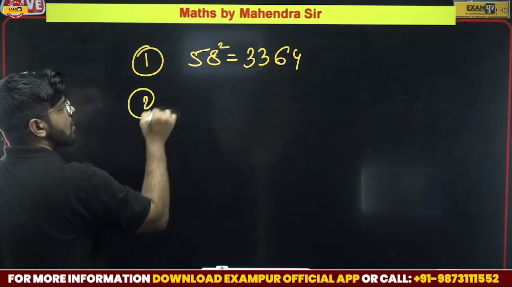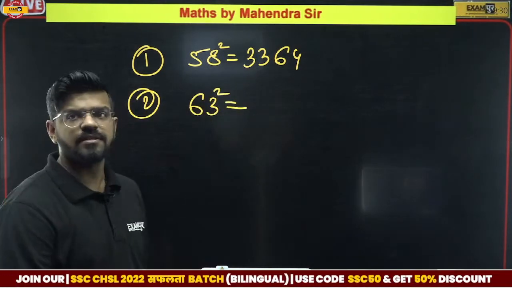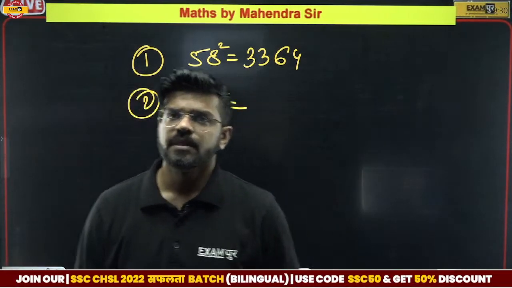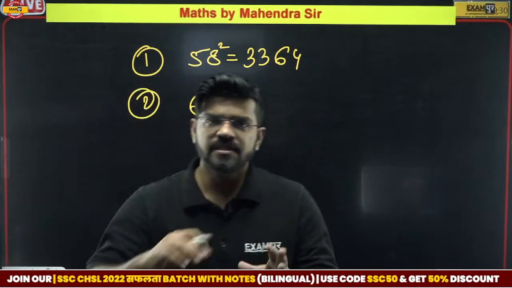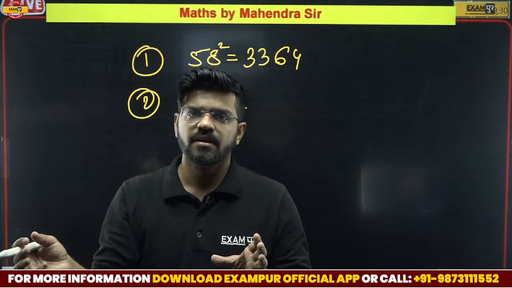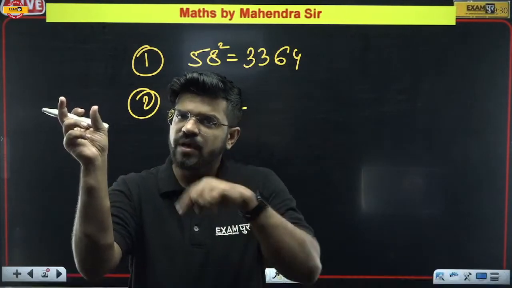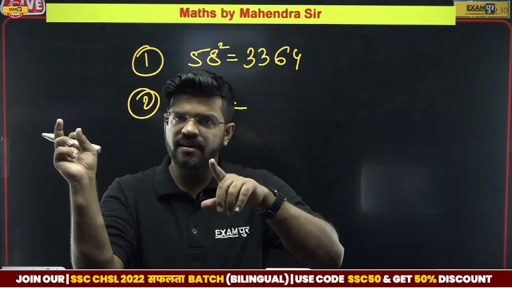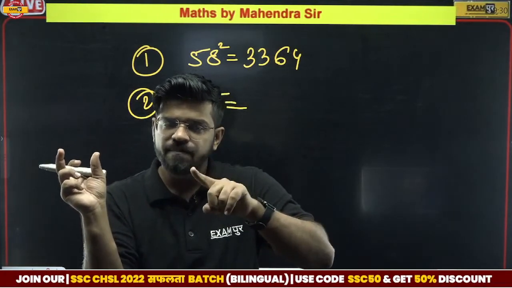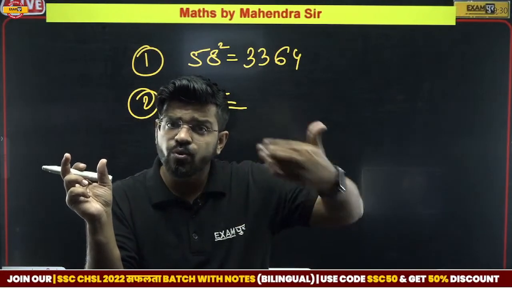Okay. Now calculate 63 square in mind. So 63 is 13 more than 50, right? So 13 square is 169, so 69 and 1 carry. 13 is more than 50, so we have to add 13 to 25.